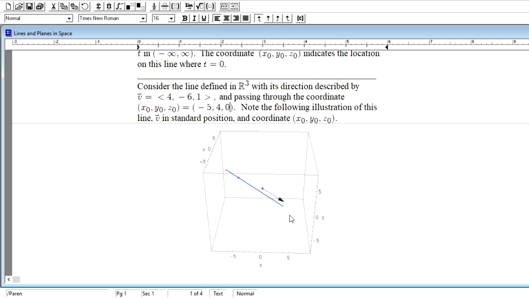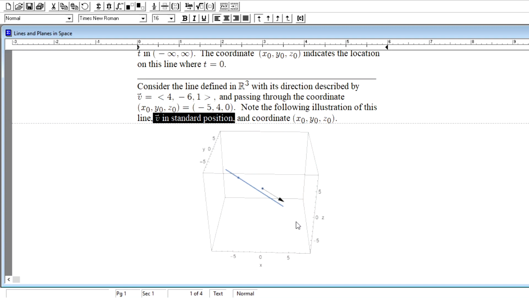And what this line is doing is moving in the direction of this vector, vector v, which has been placed in the standard position. Here is the center of our system. And if we place that vector v in standard position in the center of that system, it actually points off in this direction. And notice that is the direction that this line is flowing through this space.